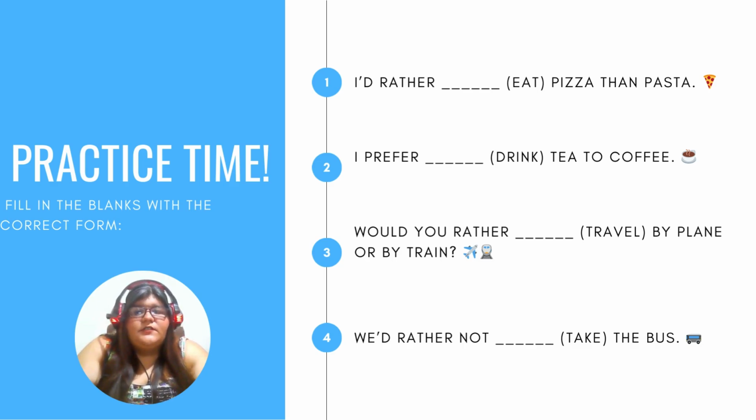We'd rather not take the bus. So, guys, after all my explanation, I'm 100% sure that you already know the answers, and I will love to read your comments. So, prepare those beautiful fingers and write down below in the comments the answers that you think fit with these sentences, and I'll be reading those comments.